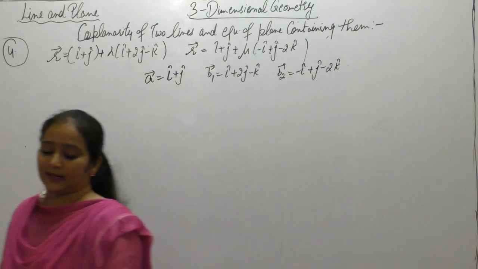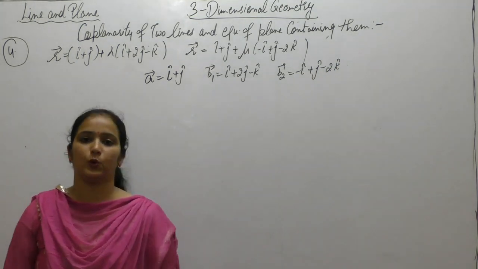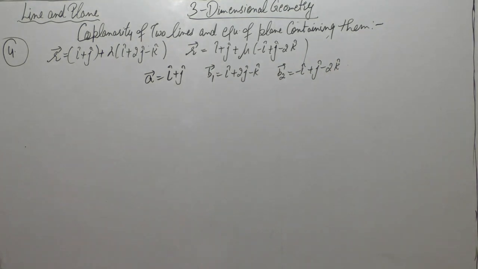Clear? The two given lines pass through a vector equal to i plus j and are parallel to vectors b1 and b2.